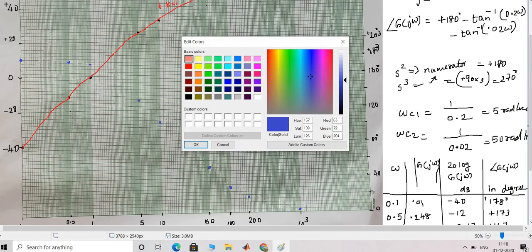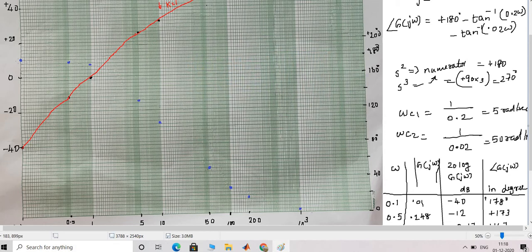So we can draw the phase angle plot now. I will start from here, this point. So we know that phase angle plot is independent of the gain k, because the angle of gain k is 0.